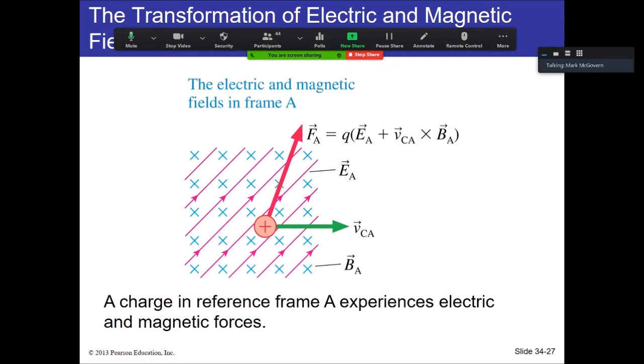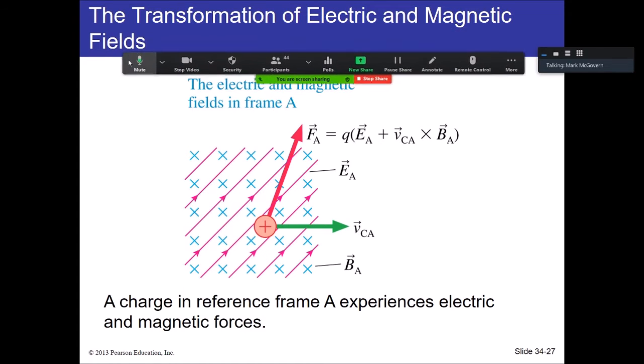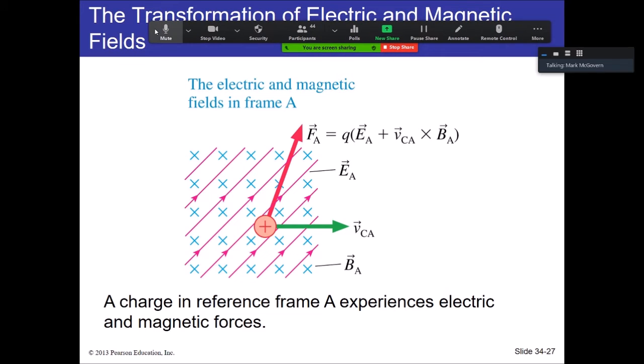All right, so this here is our full Lorentz, well, that's not full Lorentz, yeah, it sort of is. This is a combination of the electric and magnetic fields working together to produce a force.